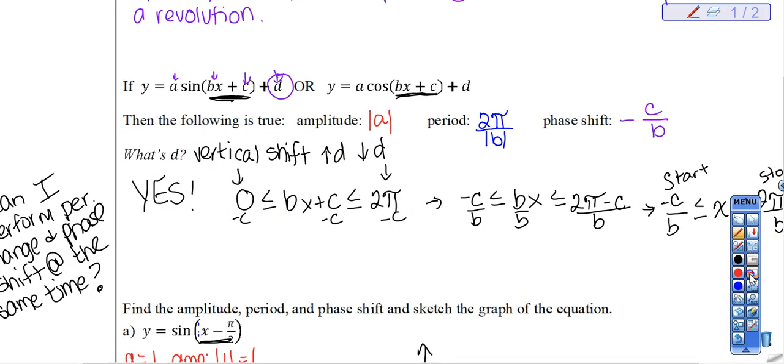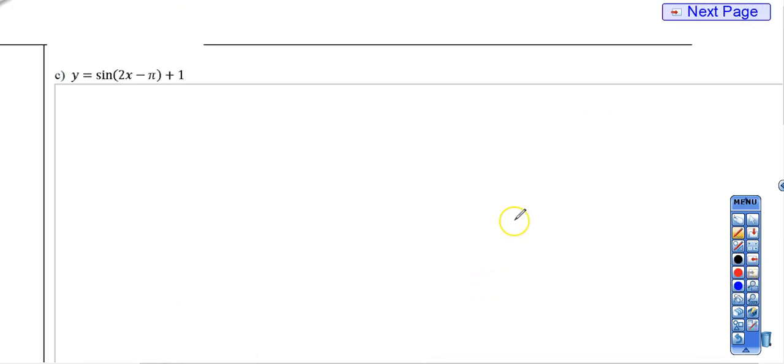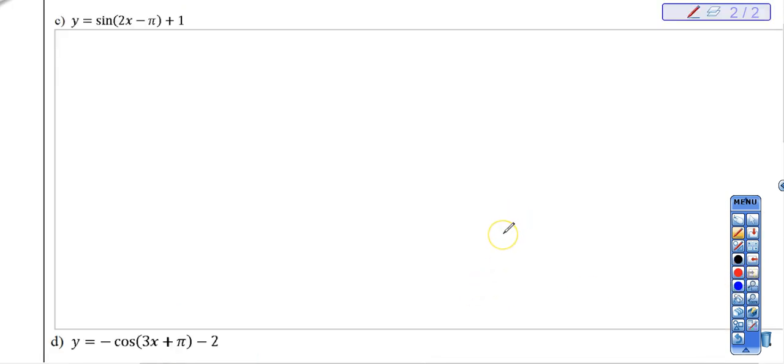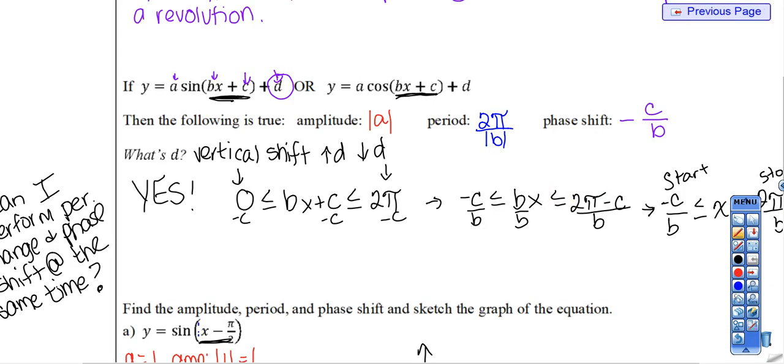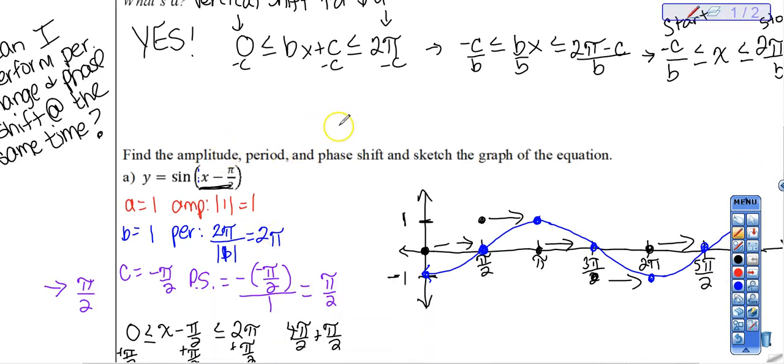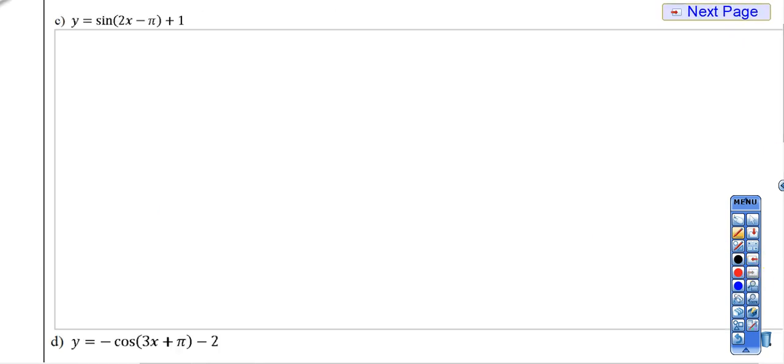Ready? So here are the two problems we're going to look at. Let's start with the sine function. Let's identify all the crucial information. In the instructions, we are finding the amplitude, period, and phase shift, and then we are sketching the graph. And I'll say one other thing.